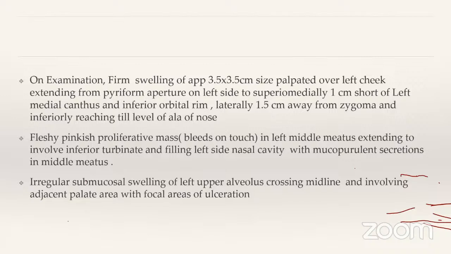On examination, there is a firm swelling palpated over the left side of the cheek. There is a fleshy pinkish proliferative mass in the left middle meatus area, filling the vestibule and involving the inferior meatal area, with mucopurulent secretion in the middle meatus. And there is also irregular submucous swelling of the left upper alveolus and adjacent palate area with focal areas of ulceration.